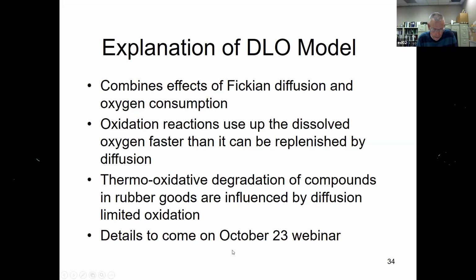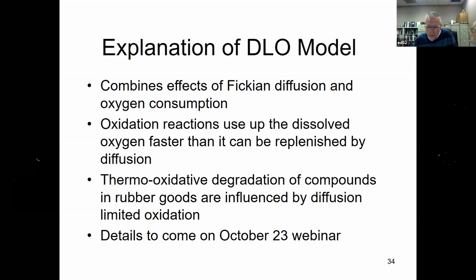And I might conclude by mentioning the future webinars. Next week, we'll be talking about the aging mechanism, the chemical mechanism of aging.